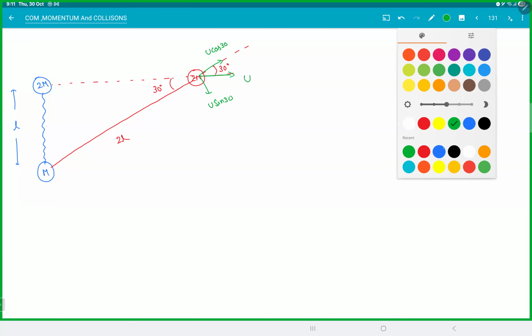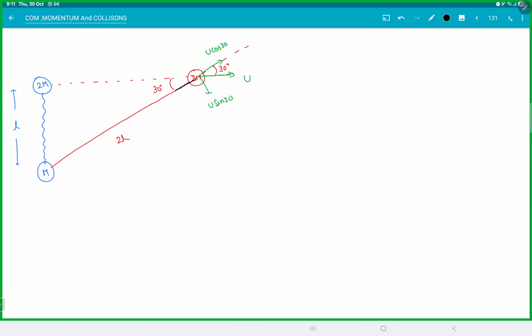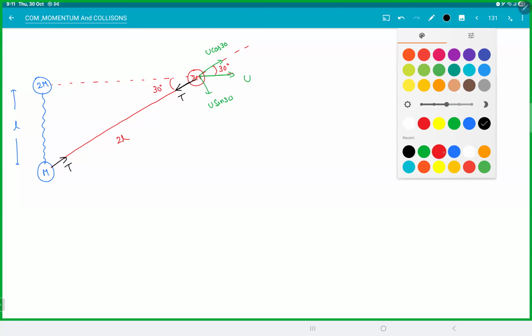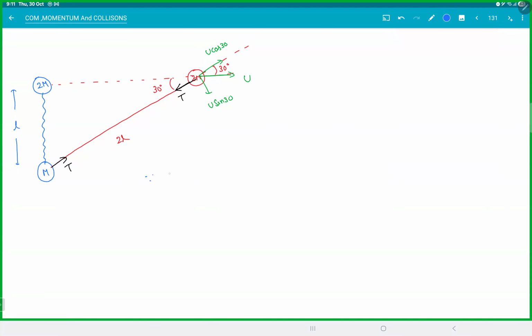And when the string becomes tight, the tension force will be along the string. Since tension is perpendicular to u sin 30, it is unaffected. So velocities will change only in the direction of tension. So perpendicular components are unaffected.